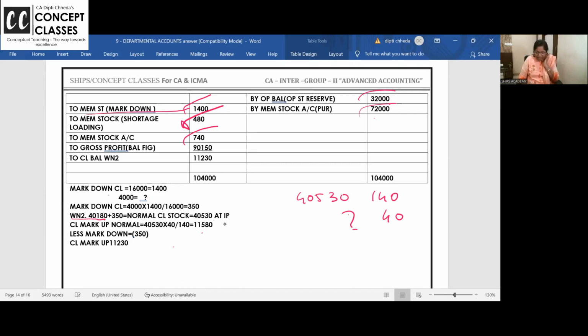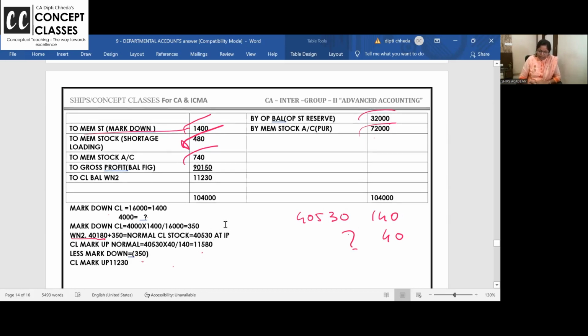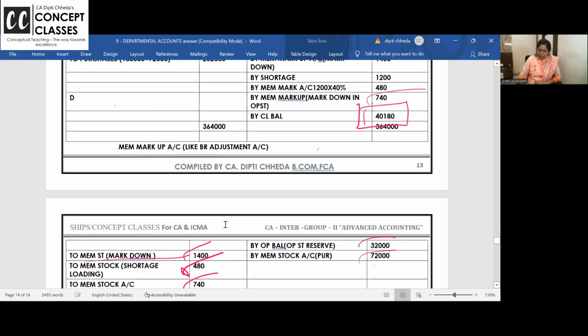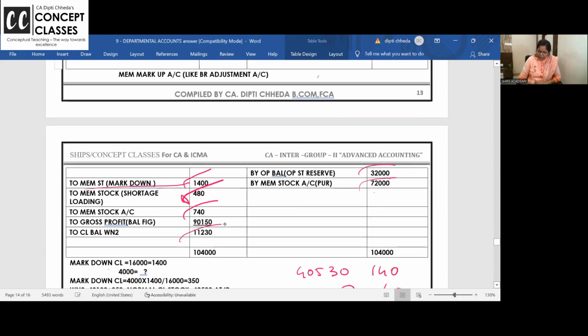But in 11580 अभी भी minus करो, markdown भी तो है ना, so 11230 is the closing markup in the markup account.